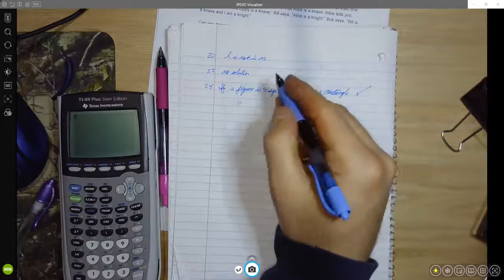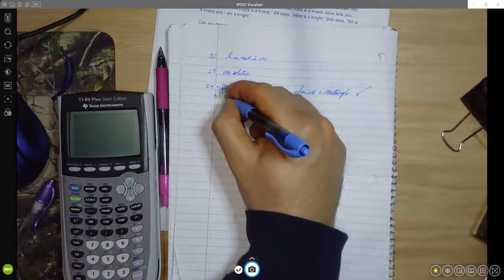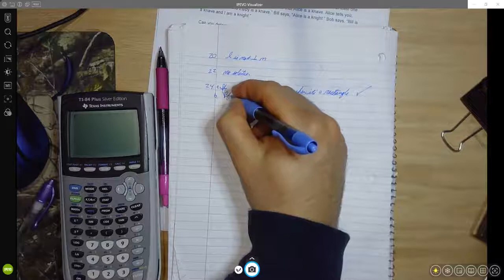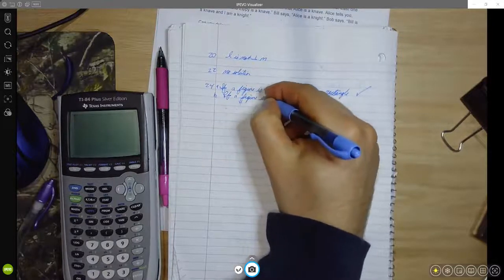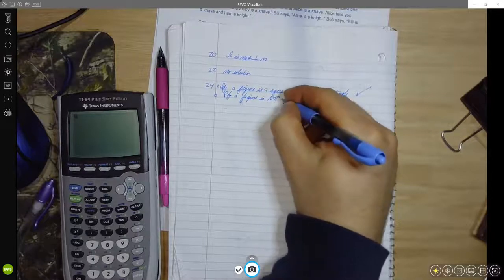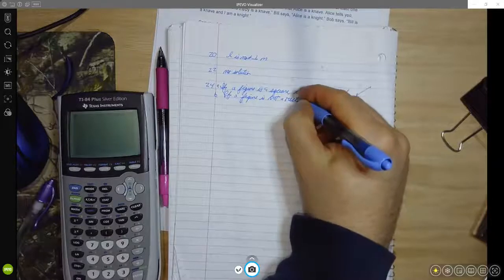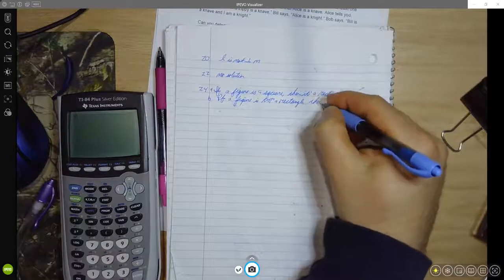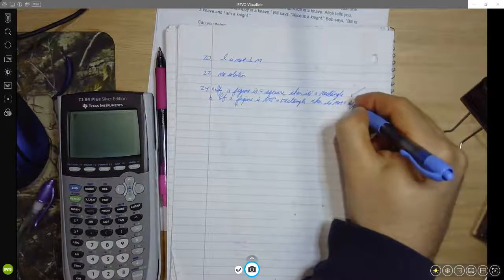Then it says write the inverse. This is the inverse. If a figure is not a rectangle, then it's not a square.